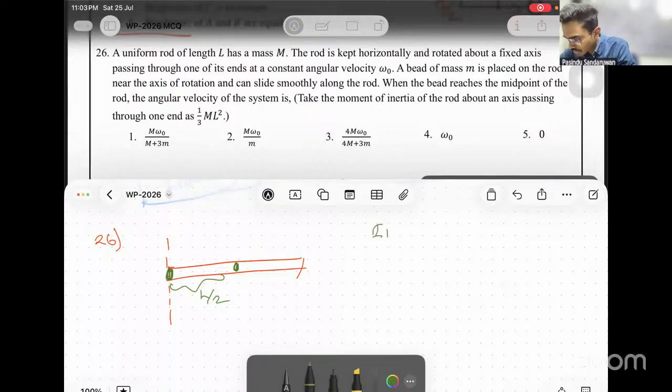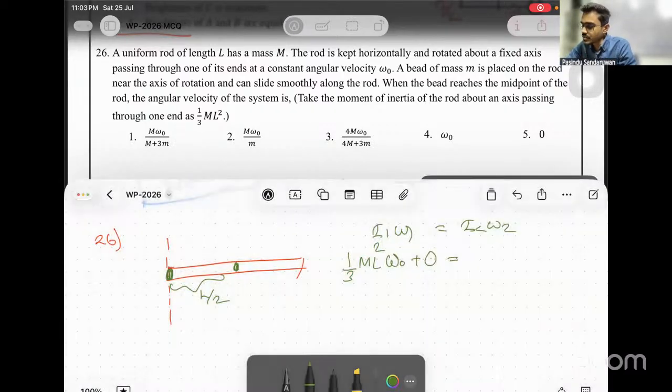Then I1 omega 1 equals I2 omega 2. Initially, I1 is 1 over 3 ML squared, and initial omega is omega naught. There's no angular momentum for the bead because it is at the axis.